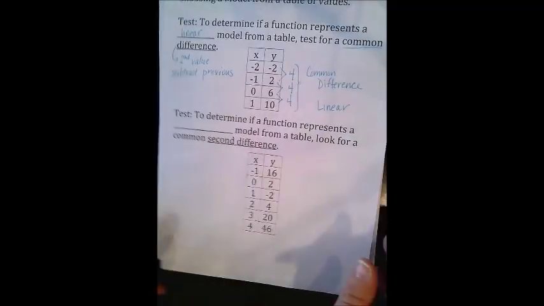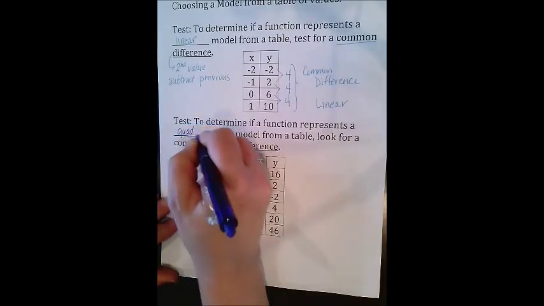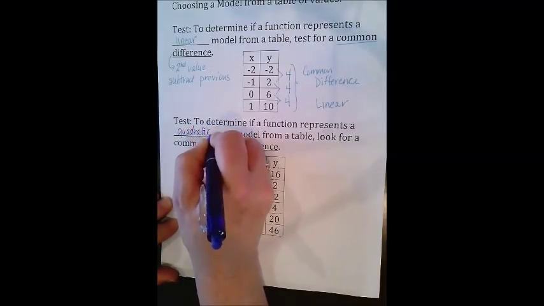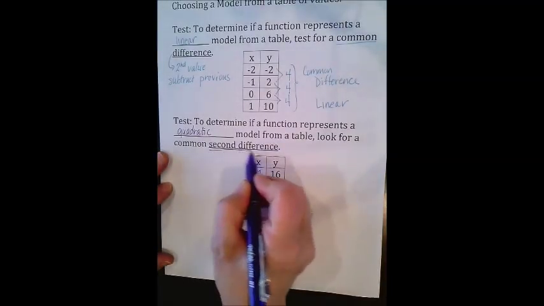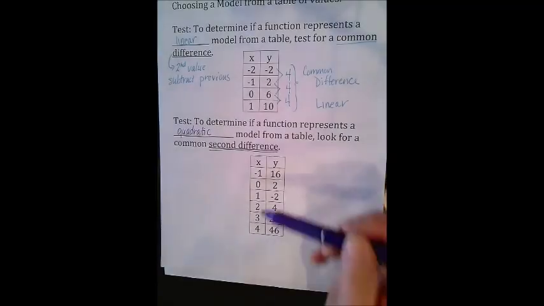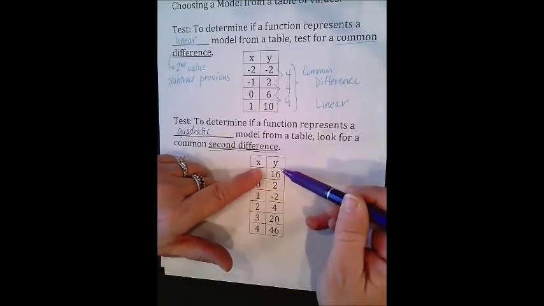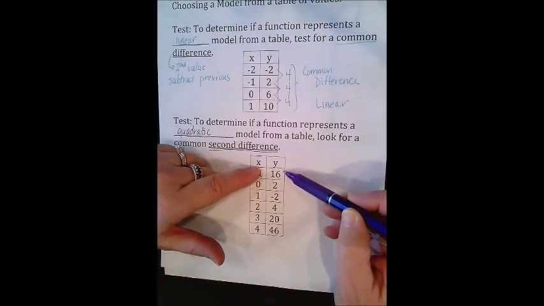Now, to determine if a function is a quadratic model by looking at the table, we're going to look for a common second difference. So the second difference is the same concept. The difference means we're taking a value and subtracting the previous value. So we don't go down, we take this and we take the one above it and subtract it.